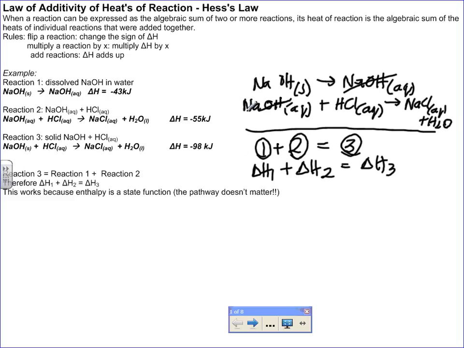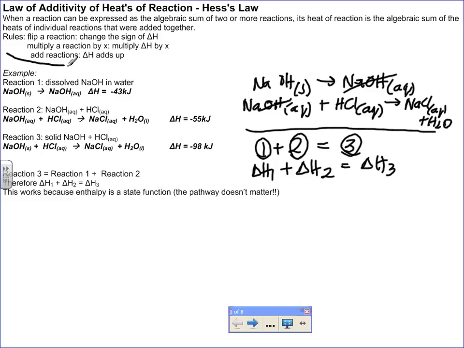If we can add 2, 3, 4 reactions, we can find the delta H of the overall reaction. And perhaps what you see developing here is a skill that we've already used before, where we combine reactions and add them to produce a goal reaction. We manipulated the initial equations in order to make them add up to a final reaction.